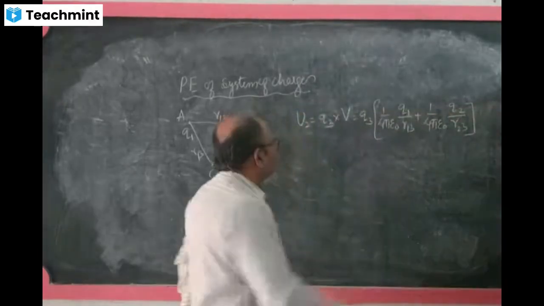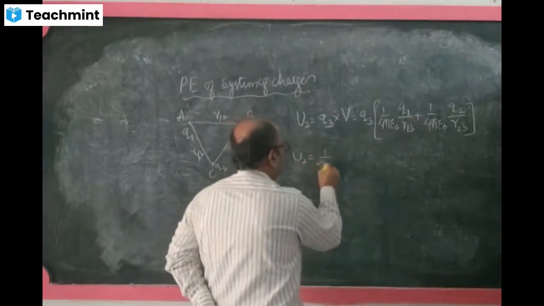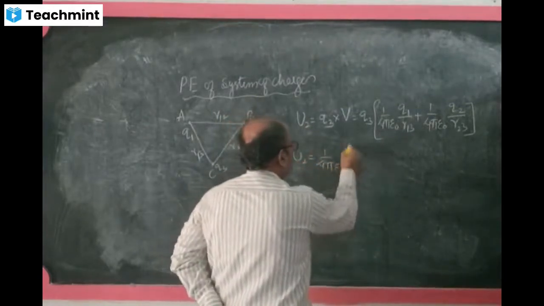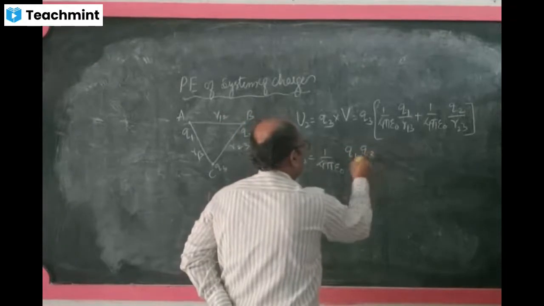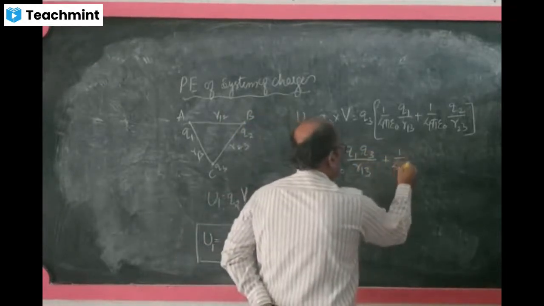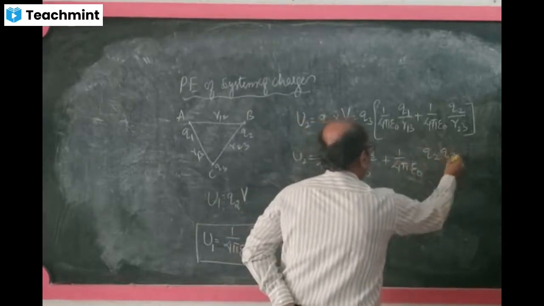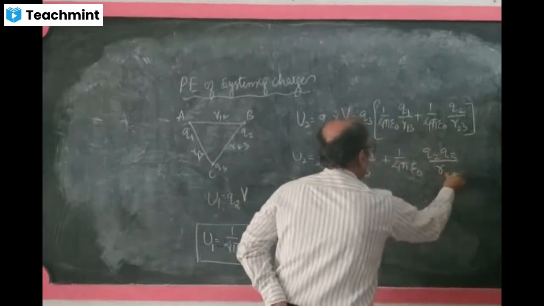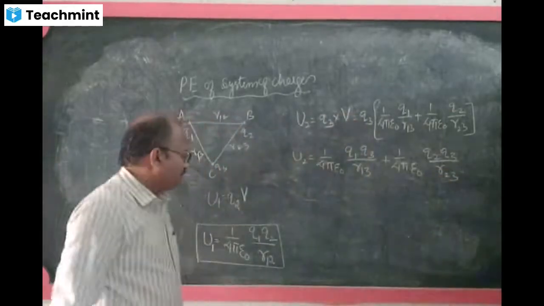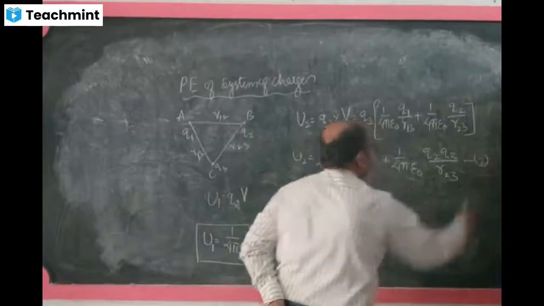So therefore U2 now becomes 1 divided by 4 pi epsilon naught Q1 Q3 by R13 plus 1 divided by 4 pi epsilon naught Q2 Q3 by R23. So take this as equation 1 and this as equation 2.